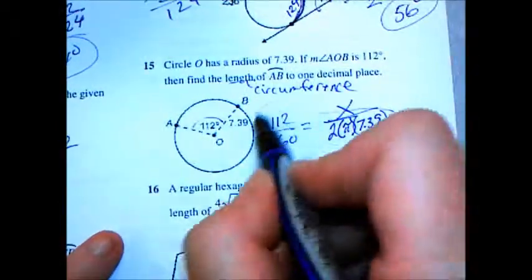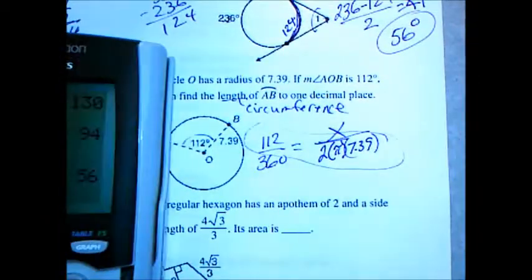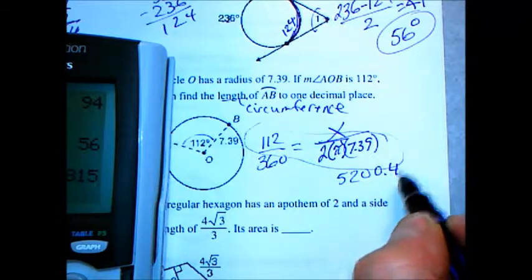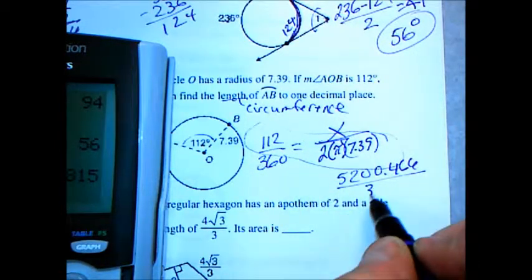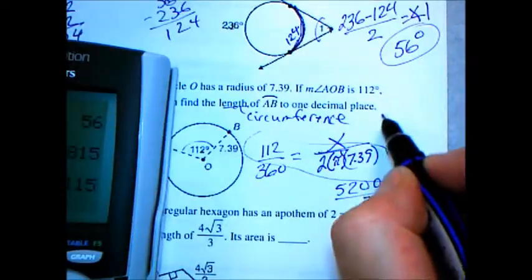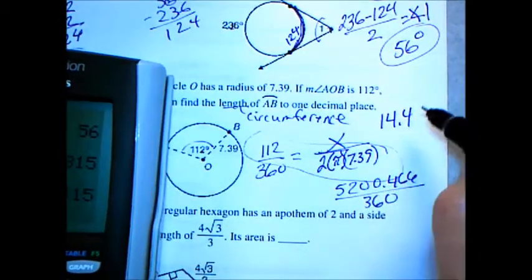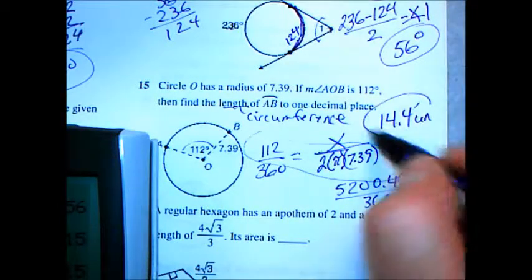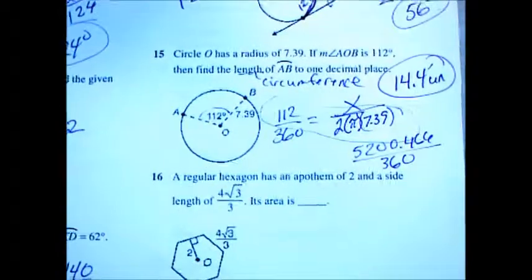So I need to cross multiply. Gives me basically 5,200, and then I want to divide by 360. Okay, that gives me 14.4 units, I guess, for my arc length.